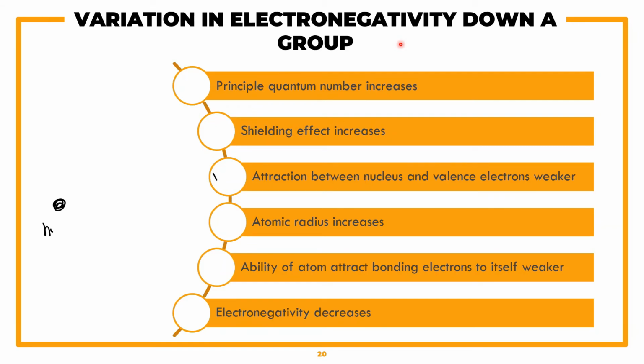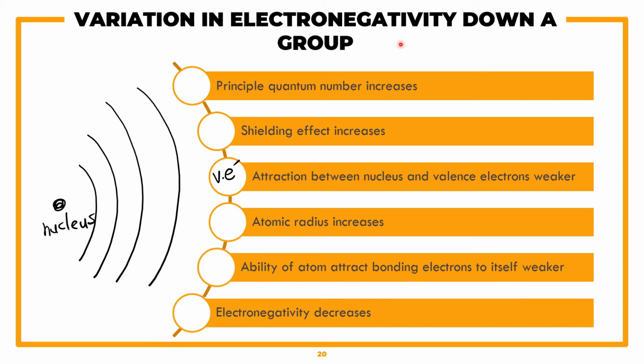Now, let's see the variation in electronegativity down a group, menuruni kumpulan. As we go down a group, we can see that the principal quantum number n will increase. So when we have many inner orbitals like this, we should expect the shielding effect to increase.